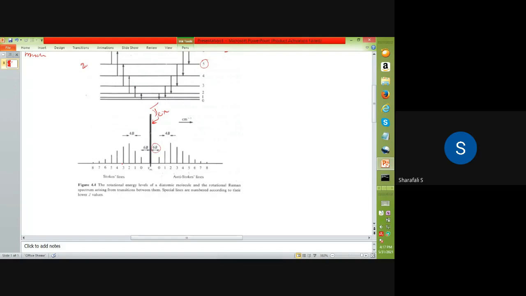That is the separation between this first line and the fundamental line. And between each of the other lines, for example these two lines, there will be a separation of 4b. Similarly, on the other side, these two have a separation of 6b, and all other lines will have a separation of 6b.